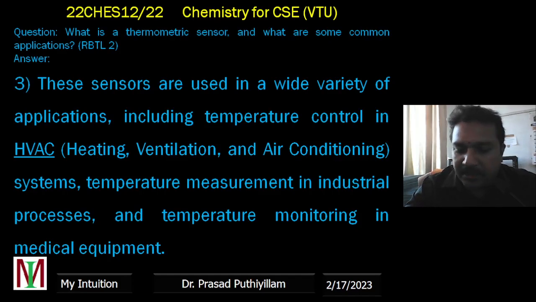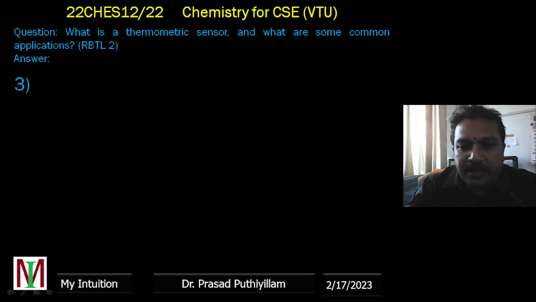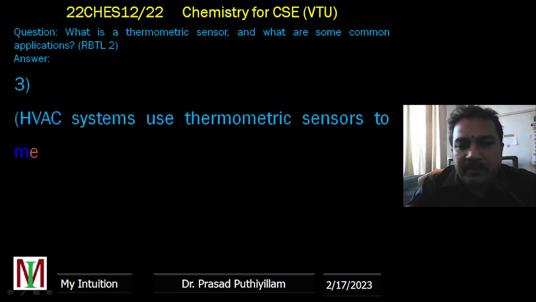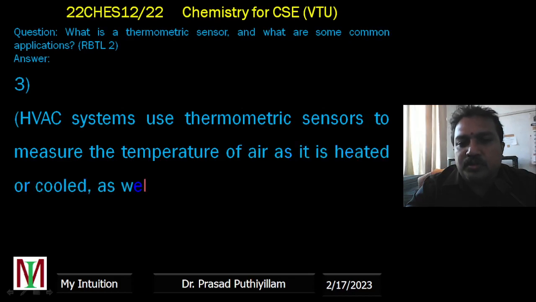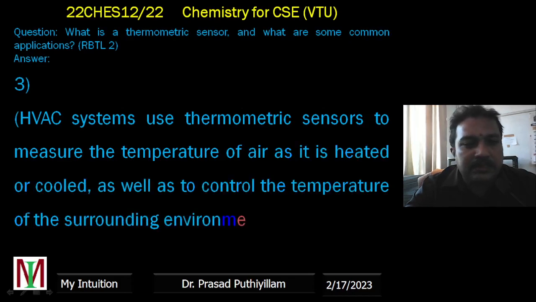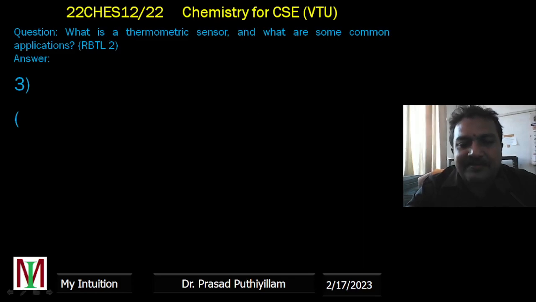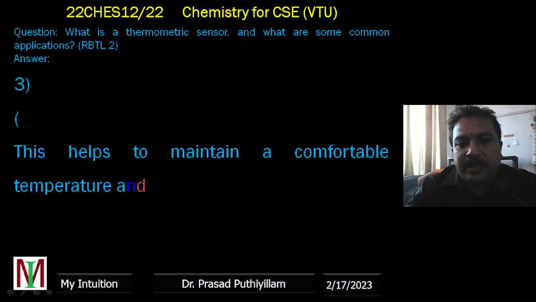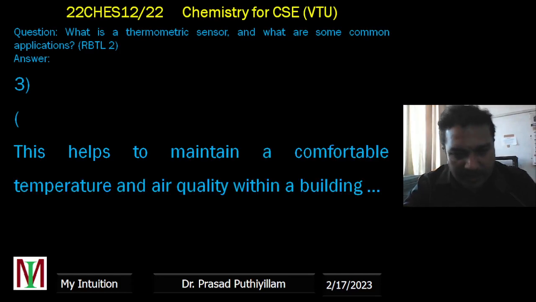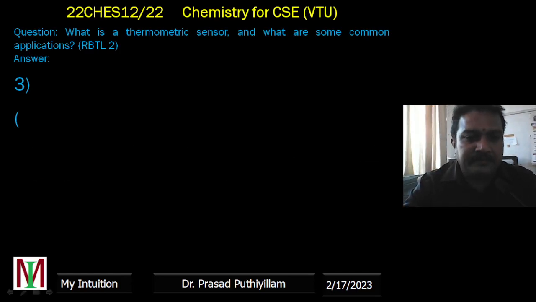Here, HVAC is heating, ventilation and air conditioning, as given in brackets. HVAC systems use thermometric sensors to measure the temperature of air as it is heated or cooled, as well as to control the temperature of the surrounding environment. This helps to maintain a comfortable temperature and air quality within the building.